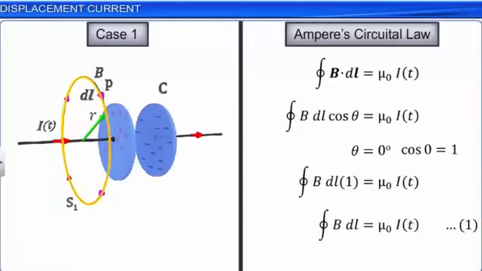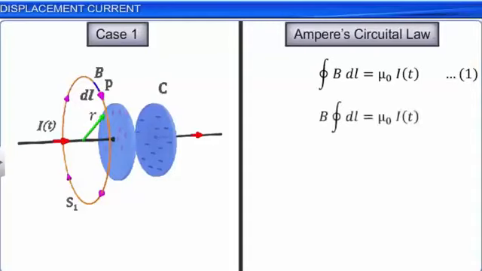That is, B into the integral over the closed loop of dl is equal to mu naught I_T. Here, the integral over the closed loop of dl is the total length of the circular loop, that is, the circumference of the circular loop. Thus, the integral over the closed loop of dl is equal to 2 pi r. Let this be equation 2.